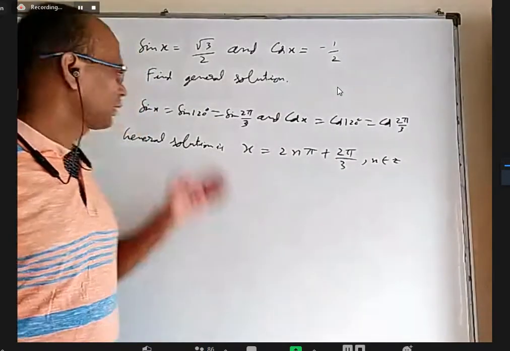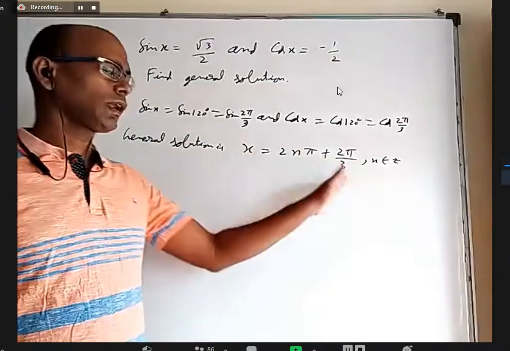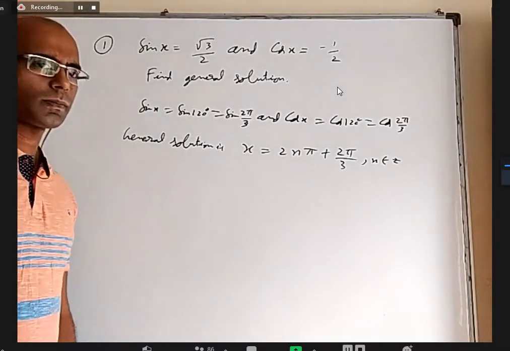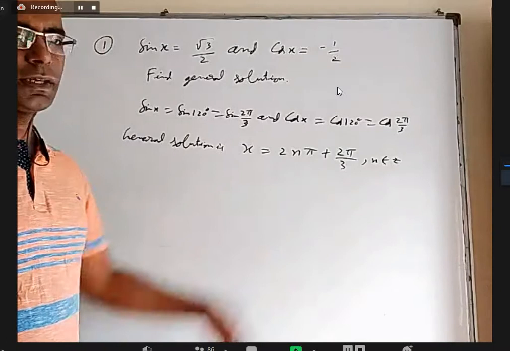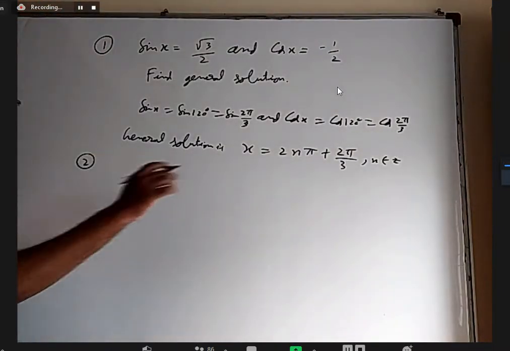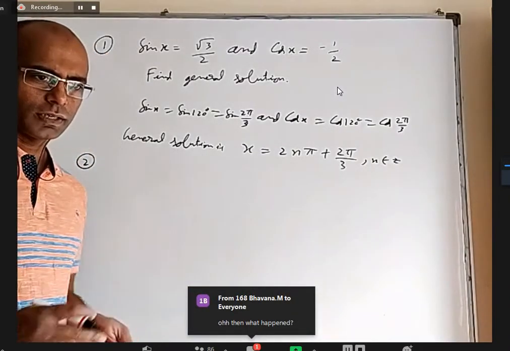We have a formula: whenever sin x equal to sin alpha and cos x equal to cos alpha, x equal to 2n pi plus alpha. This is one of the last formulas we discussed in the previous class. You don't have to worry about plus or minus and all that. Every time keep on adding 2 pi. So every time I'm not going to write general solution. All our questions, we'll give an equation, you have to write general solutions.